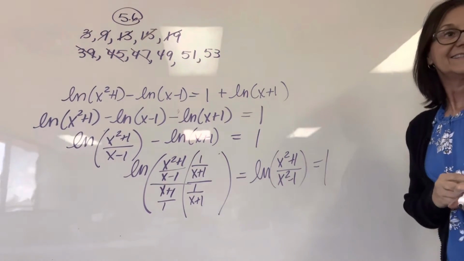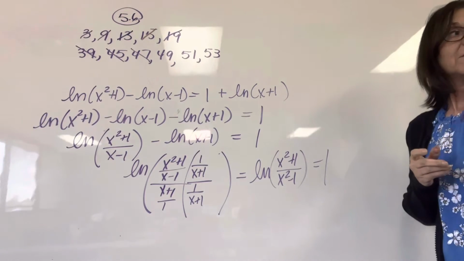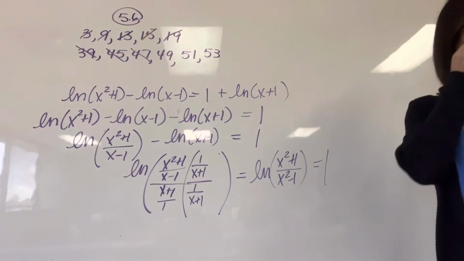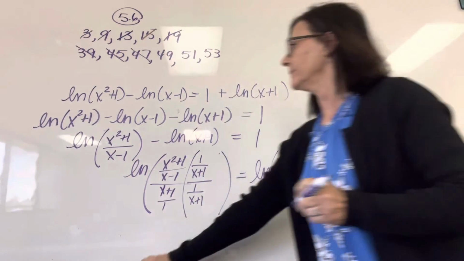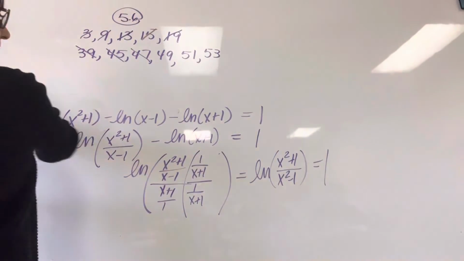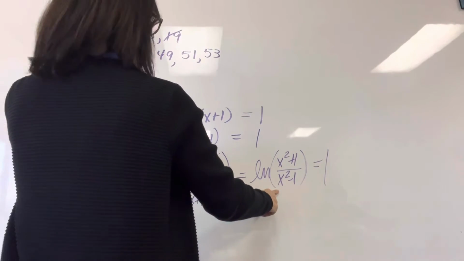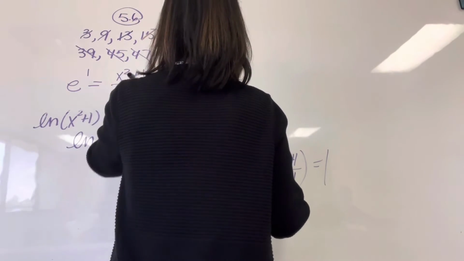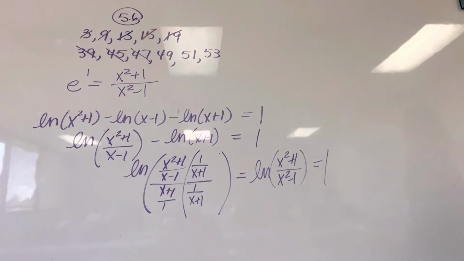Now we're going to exponents, so I'm going to have to erase up here. So here I have e to the first power equals x squared plus 1 over x squared minus 1.